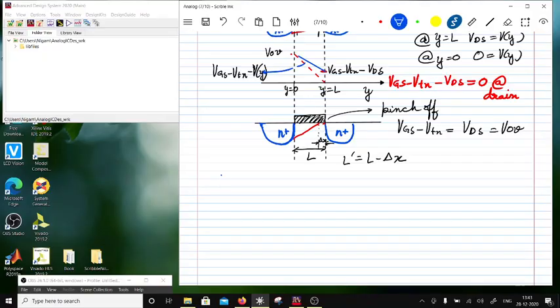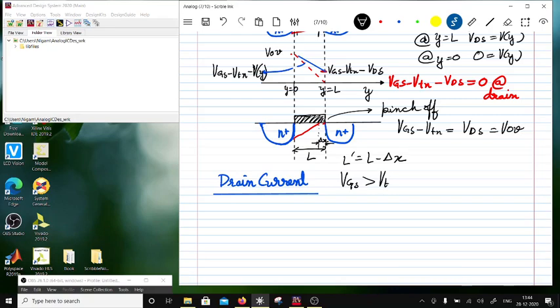Okay, so we are going to look at drain current, and we are assuming for this treatment that the channel is already formed. So we are assuming VGS is greater than VTN by V overdrive, or VGS minus VTN is equal to V overdrive.